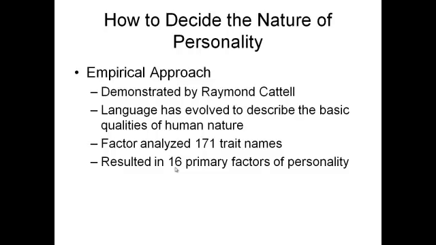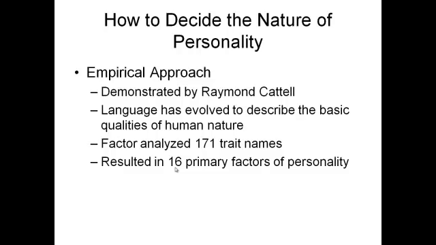And he then ran a factor analysis essentially, and from these items reduced it to 16 factors. So it took the large amount of information and translated it into a smaller number, 16 primary factors of personality.